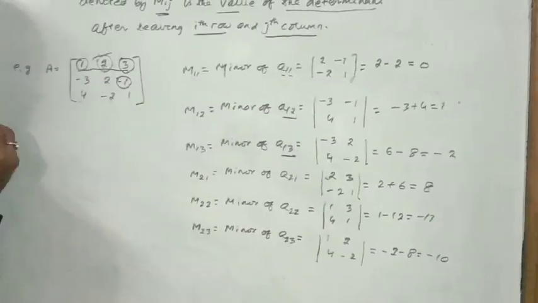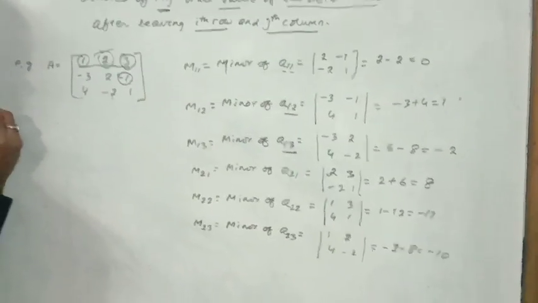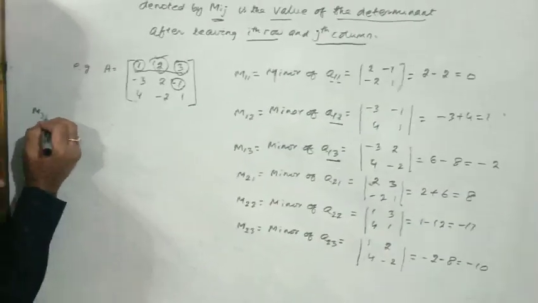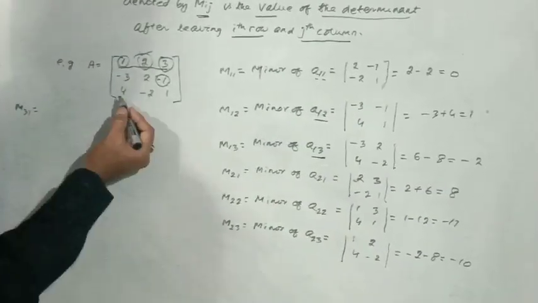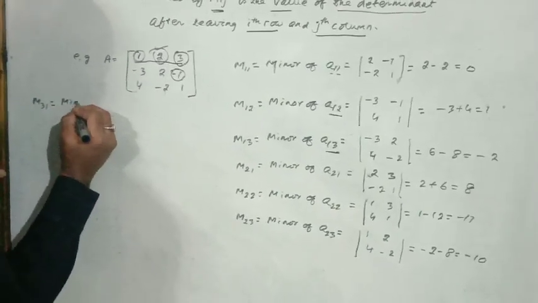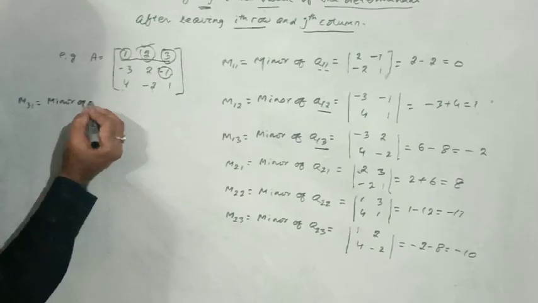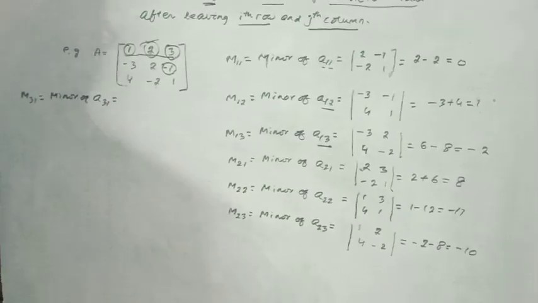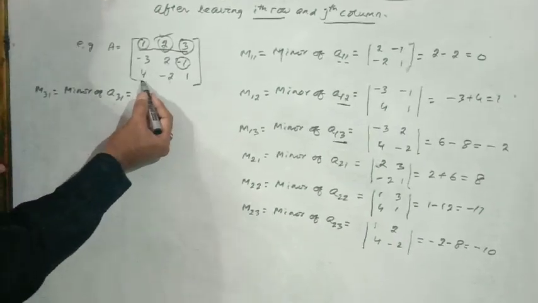Similarly, we will find the minor M31, that is the minor of A31. And what is the corresponding element of A31?